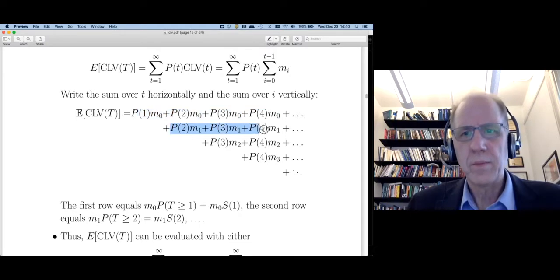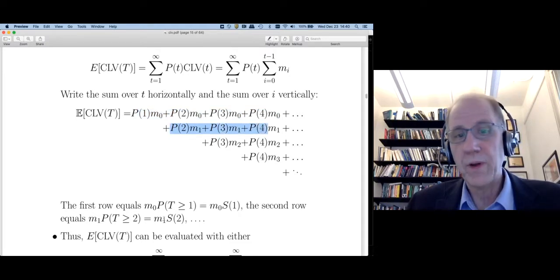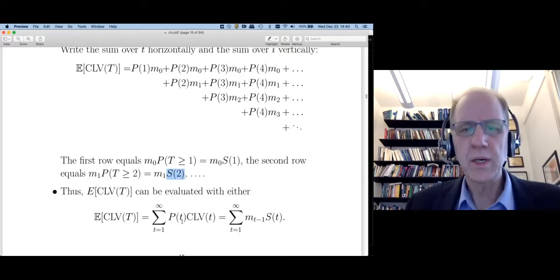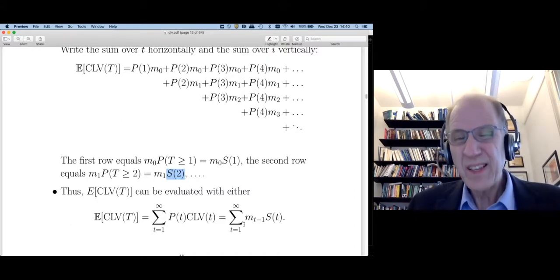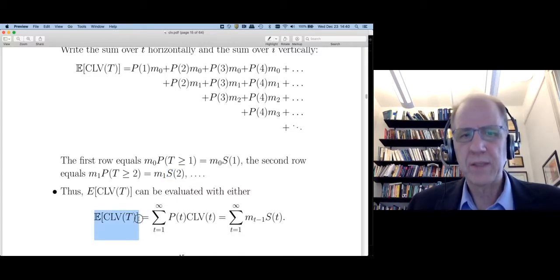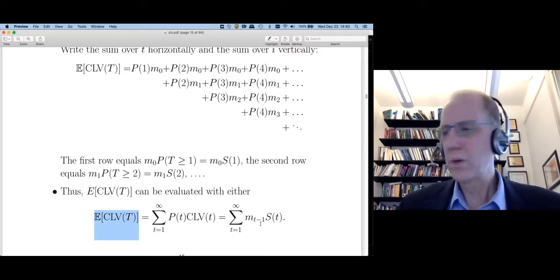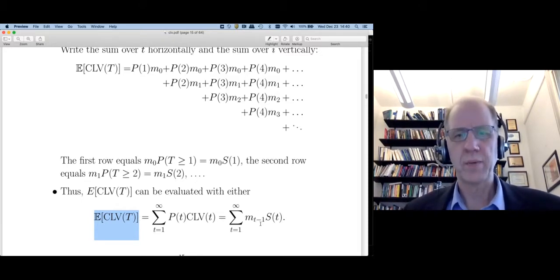And the second term here is just the survivor function at period 2. And so what we've just done is derived a slightly simpler version of how to compute this expected value of the CLV function. So let me go write this into our table.